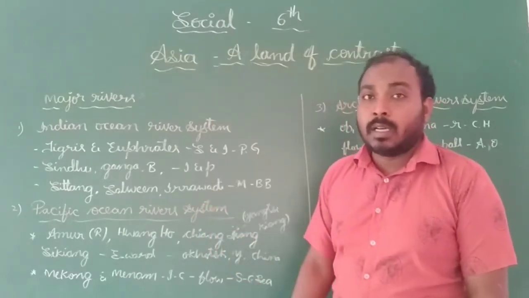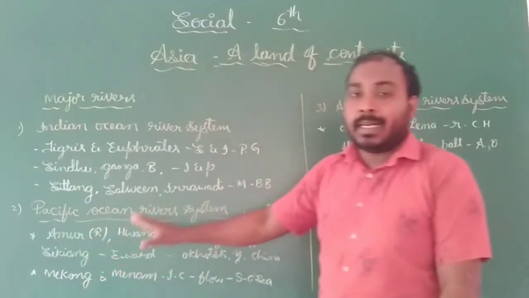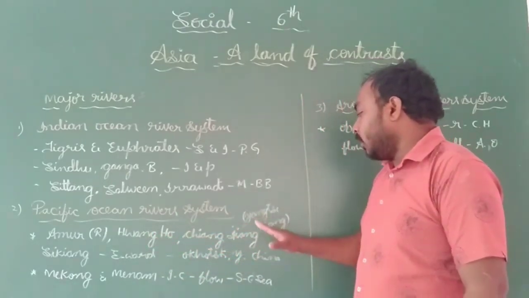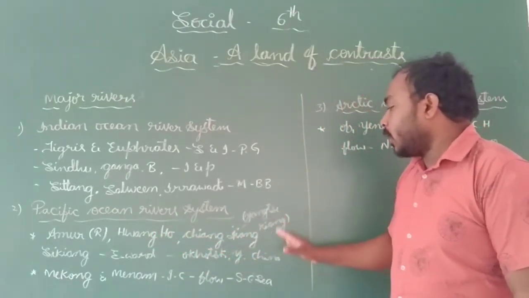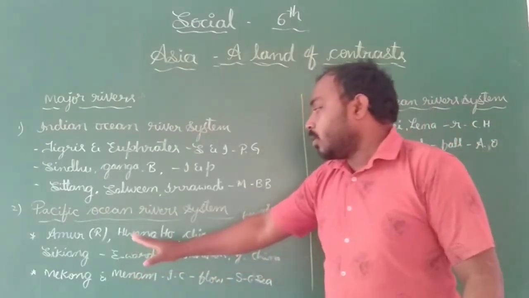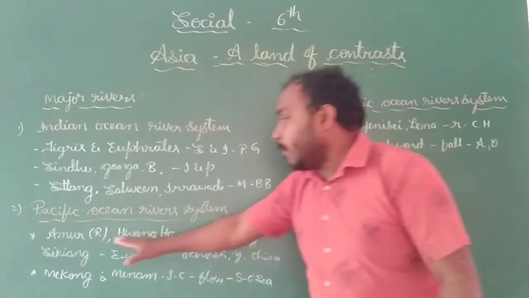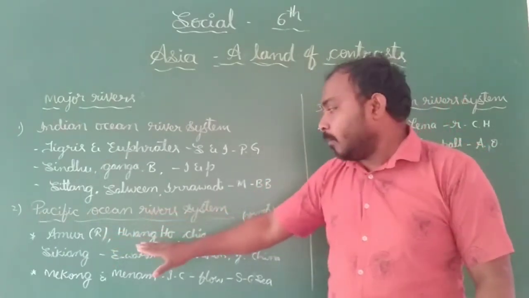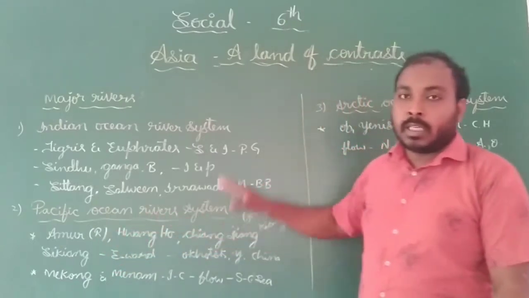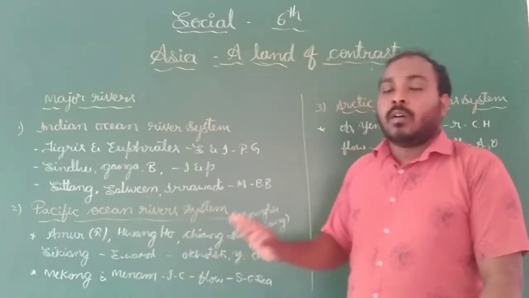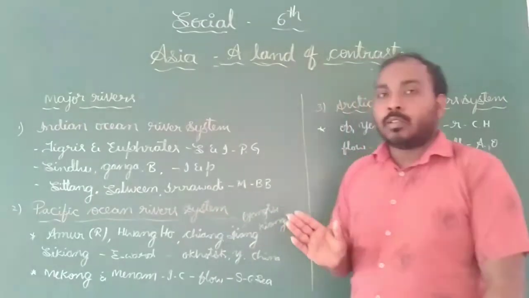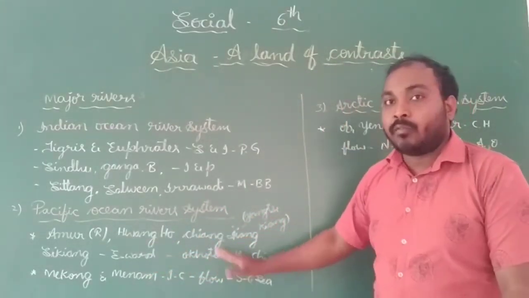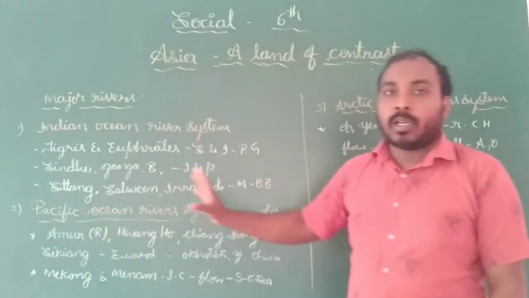The important rivers are the Amur, found in Russia, the Hwang Ho, the Chang Jiang, also called the Yangtze Kiang, and the Sikiang. Except the Amur, these three rivers are found in China. All of them flow eastward and reach the Okhotsk Sea, which we learned about in the important seas.